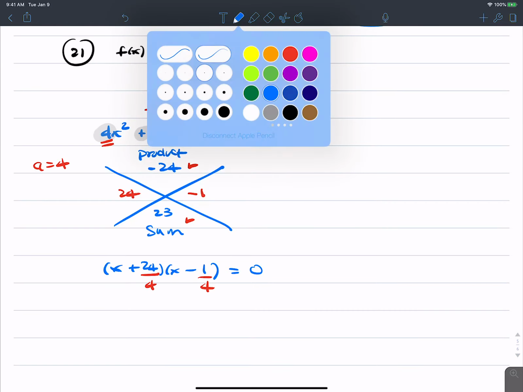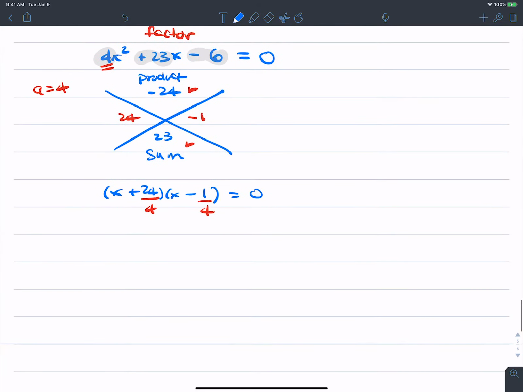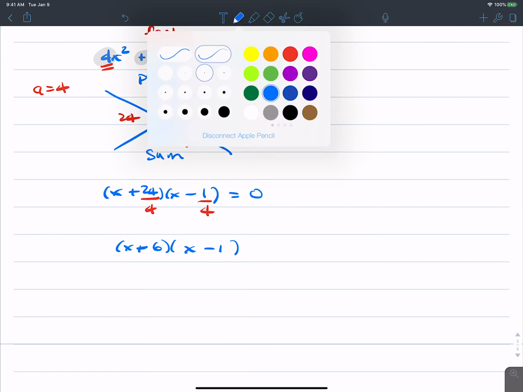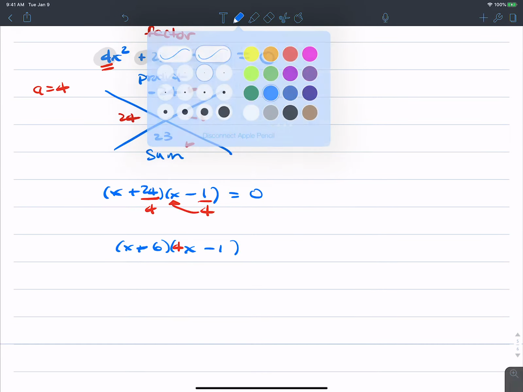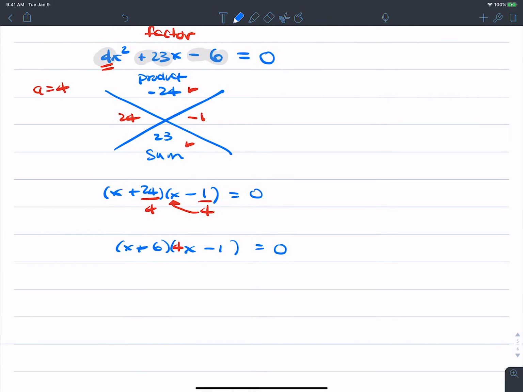So with the first term, 24 over 4 does give us a 6. So we have x plus 6. However, 1 divided by 4 is not a whole number. So we're going to have to move that 4 up into this position. So this is now a 4x here.